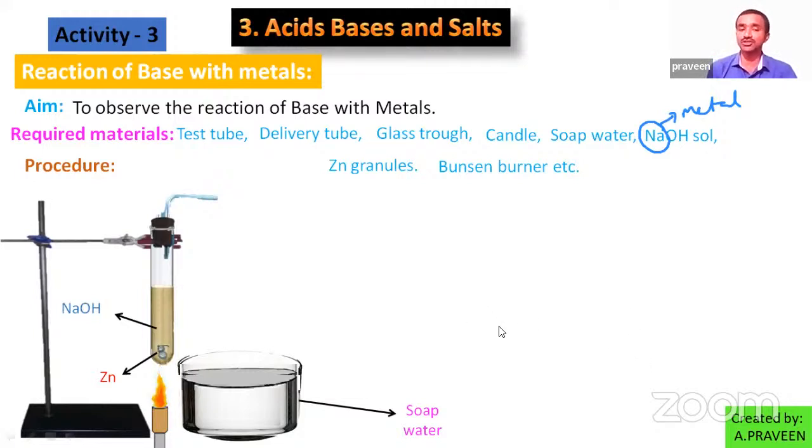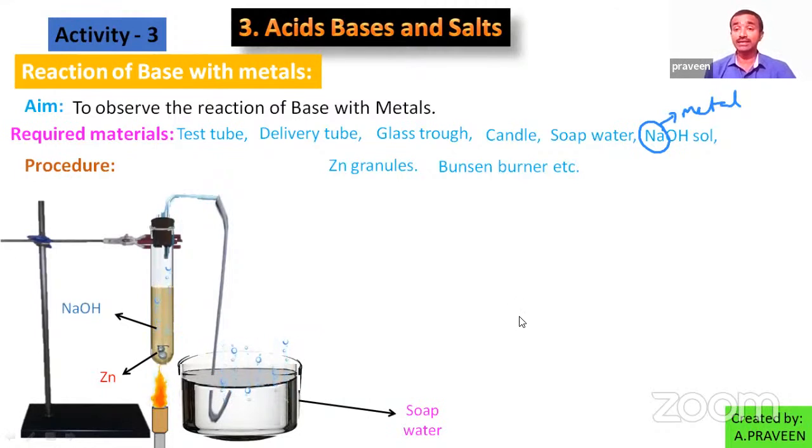Then you can see that gas is liberated. Immediately connect the delivery tube into the soap solution. On heating, the test tube slowly starts releasing gas, which is transferred through the delivery tube into the soap solution. Automatically you will see bubbles in the glass cup of soap water.